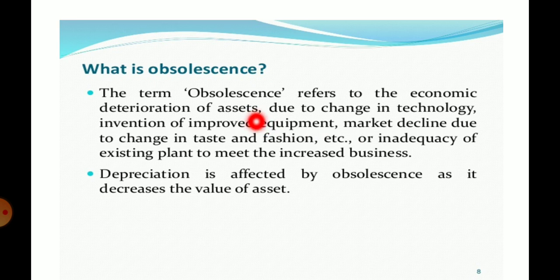So sometimes your technology or your fixed asset may be outdated due to improved technology or equipment, and because of this that machine, that fixed asset may become obsolete. So it will be recorded as obsolescence, and sometimes there is inadequacy of machinery to meet the increased business demands. So it will be termed as obsolescence. Depreciation is affected by obsolescence as it decreases the value of assets.